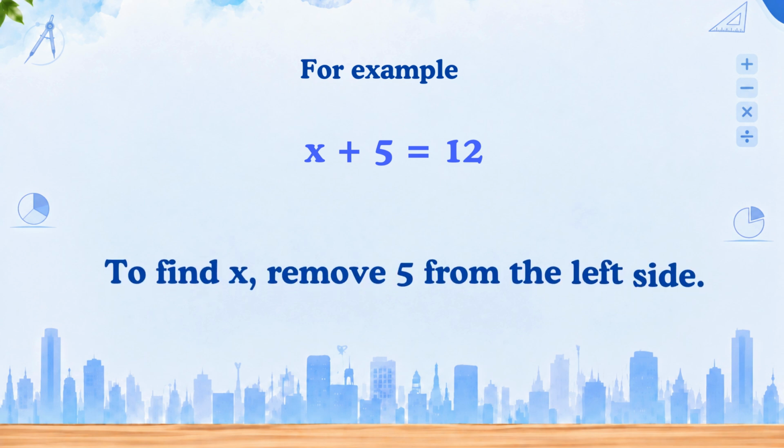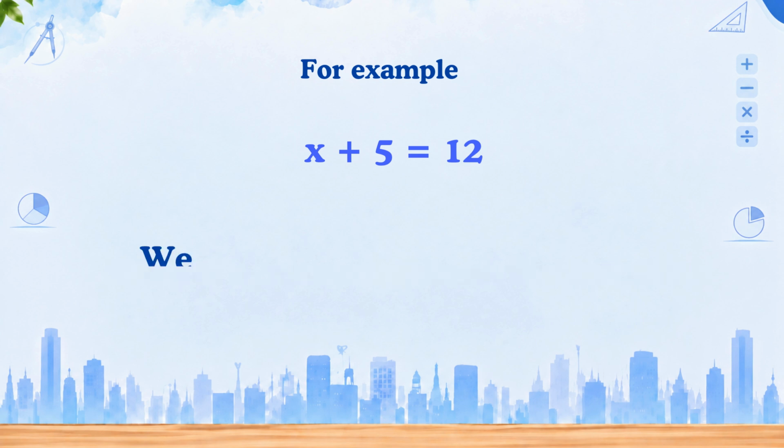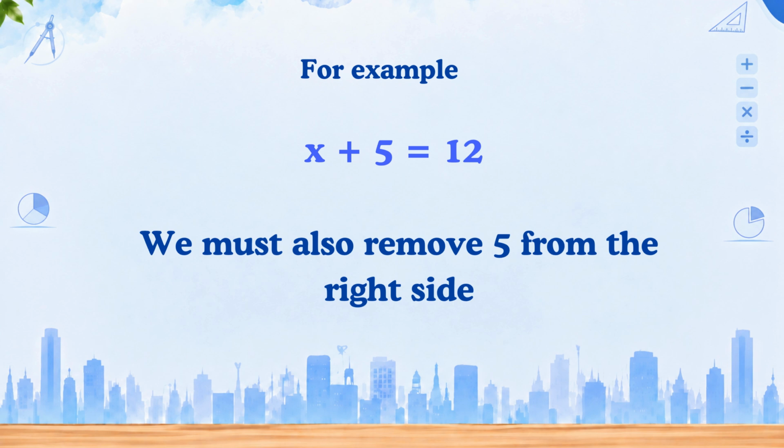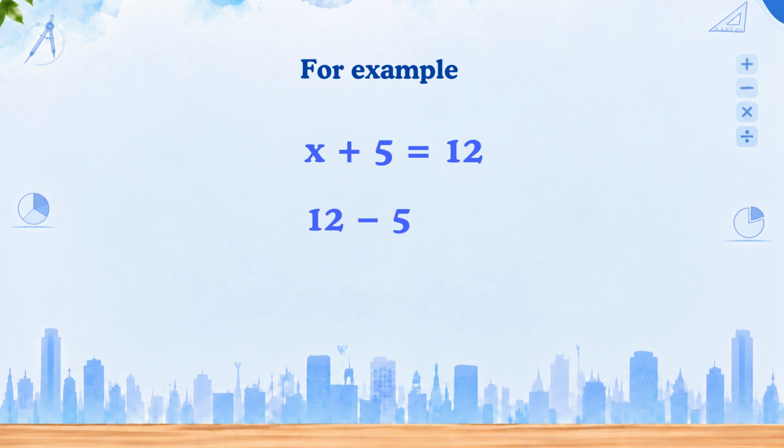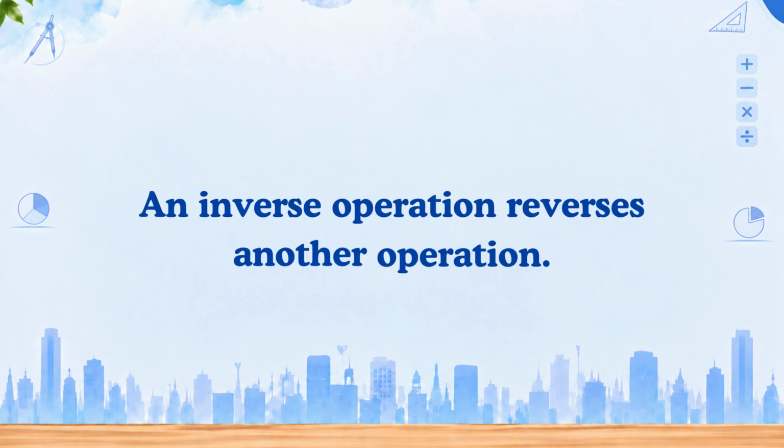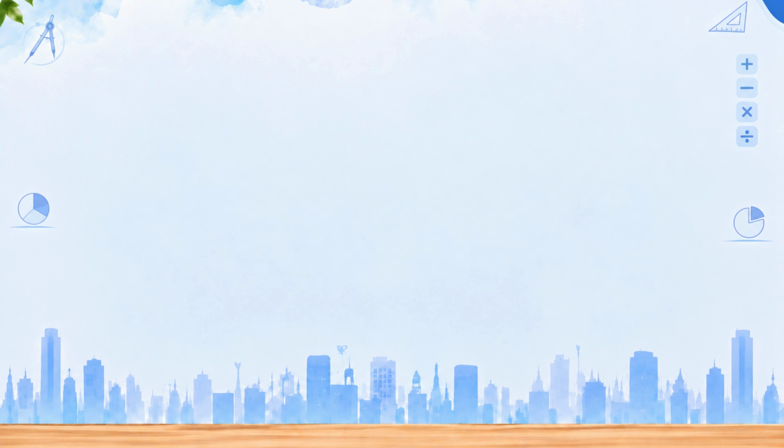To find x, we remove 5 from the left side, but we must also remove 5 from the right side. So 12 minus 5 equals 7. So x equals 7.